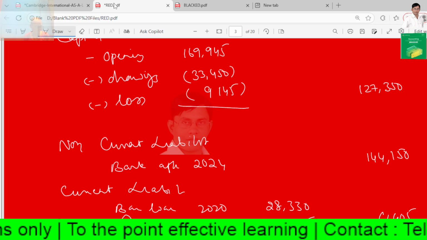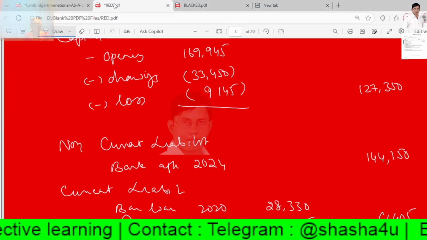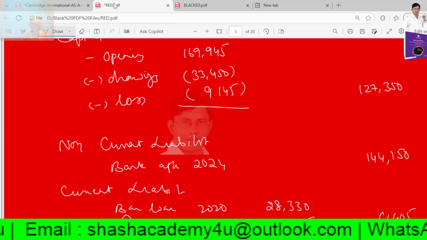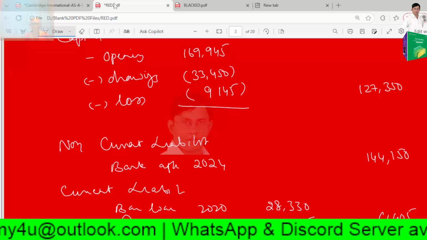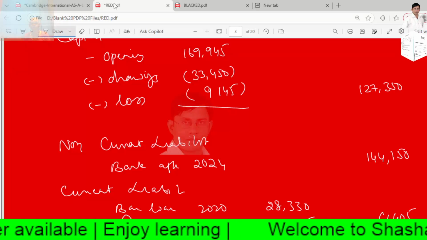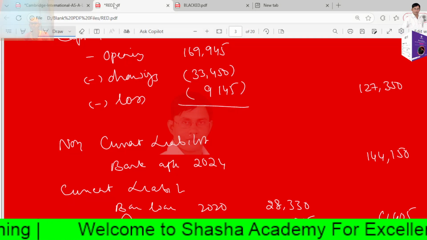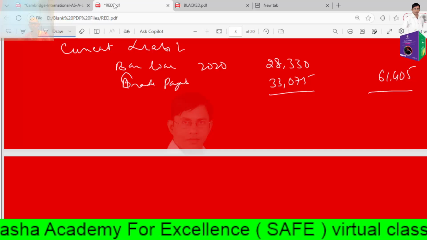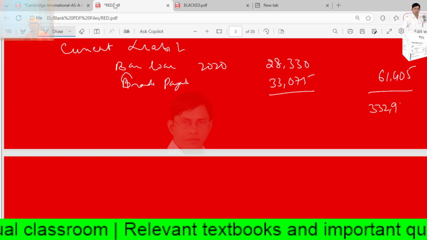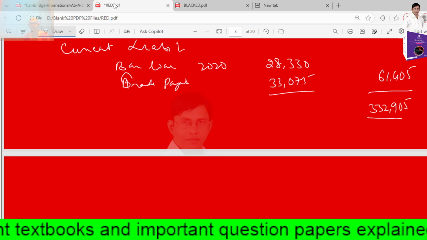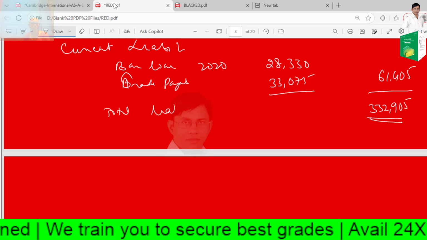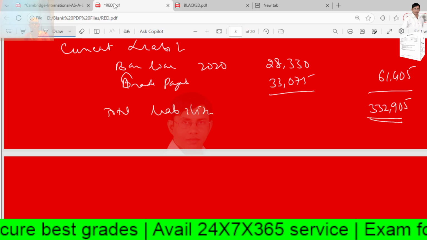127350, 144150, so 332905. So total liabilities is 332905.